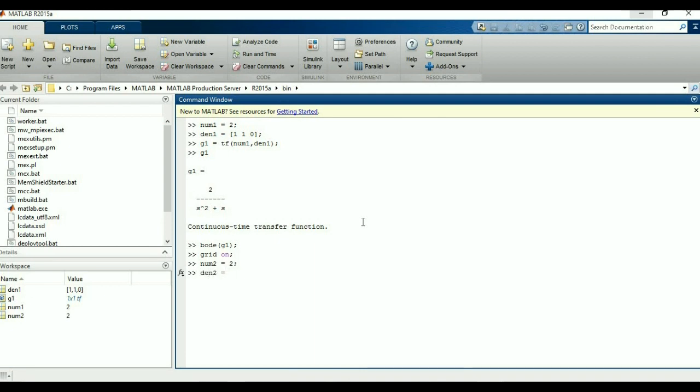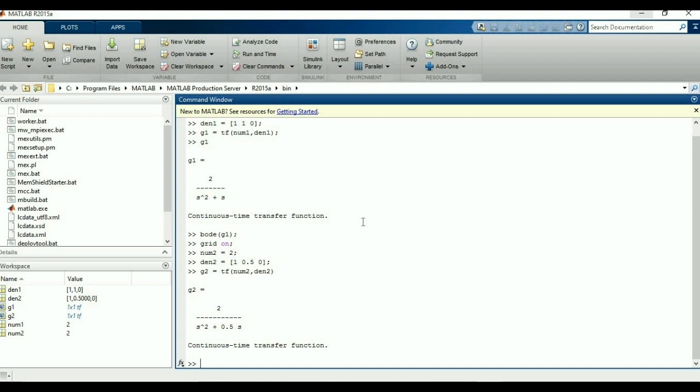So I am quickly taking the numerator and denominator, and I am changing the denominator to s square plus 0.5 s. Now you can see the transfer function as 2 upon s square plus 0.5 s, and now we want to make the Bode plot of the two transfer functions.